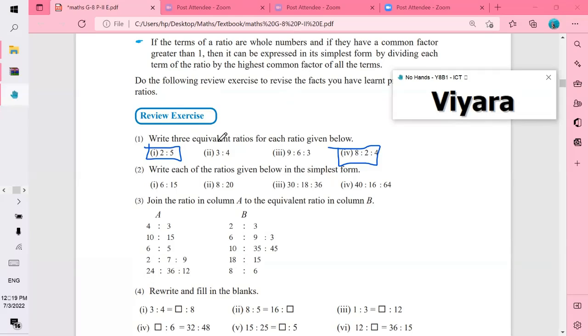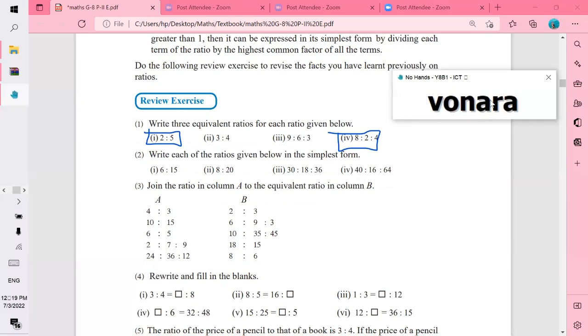Yeah. Okay, answer for the first one. 4 to 10, multiplied by 2. 4 to 10, yes. And this one? Multiplied by 2, 16 to 4 to 8. Okay, correct. Then next question.